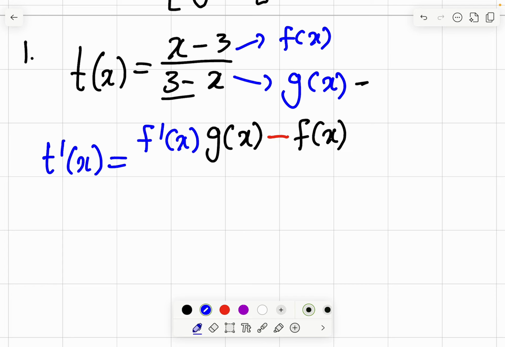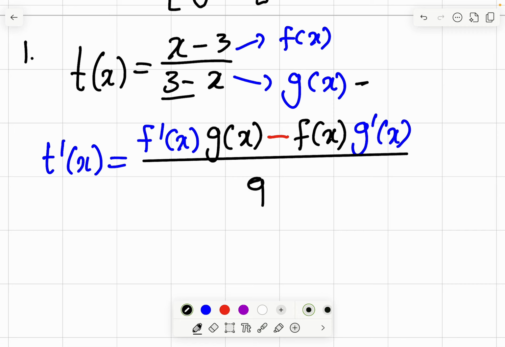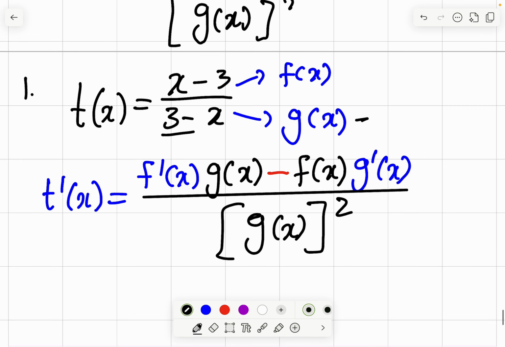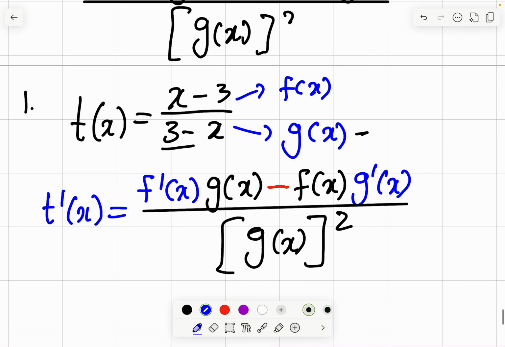Therefore you derive the bottom one, which is the second one. Then the whole divided by the bottom one, g of x, and you square it as it is. You don't do anything. So our f of x is x minus 3. Meaning, what is our f prime of x?